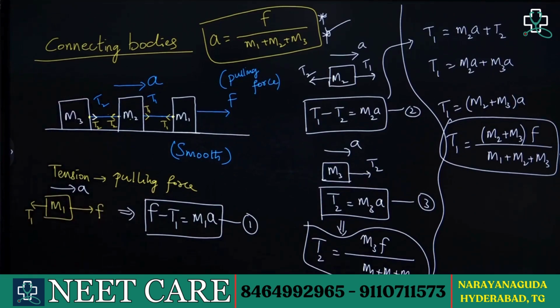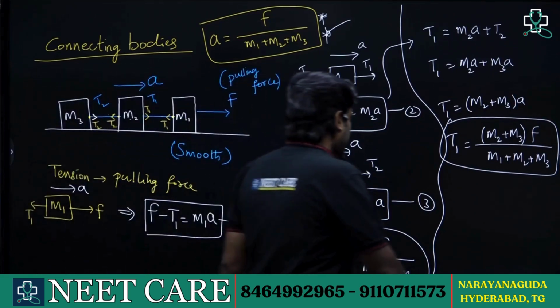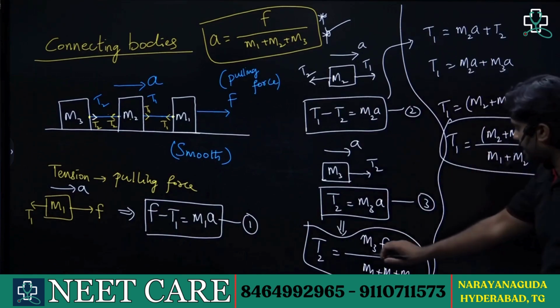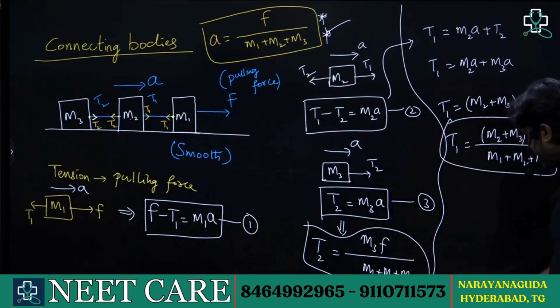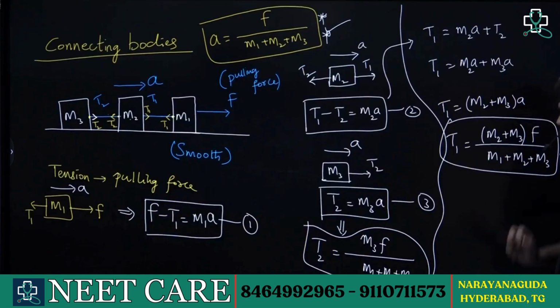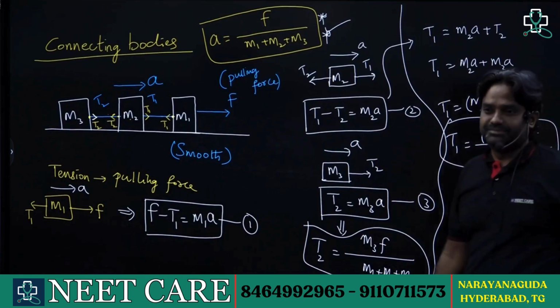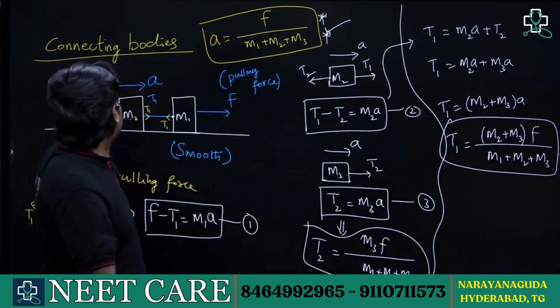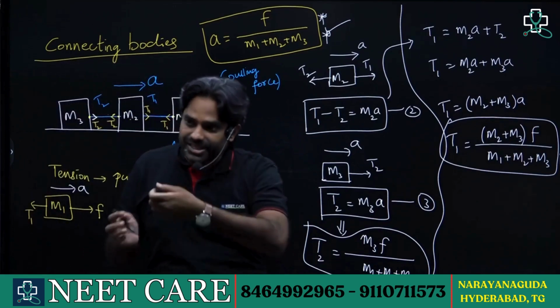Now compare with the previous connecting bodies and contact bodies, just check it. Here T1 is M2 plus M3 F by M1 plus M2 plus M3 and T2 is M3 F by M1 plus M2 plus M3, and in the previous case, F2 is M3 F by this one, F1 is this one, exactly the same formula. Whether you take contact bodies or connected bodies, T1, T2 and F1, F2 are the same. The only difference is that in the case of connected bodies, the nature of tension is a pulling force.